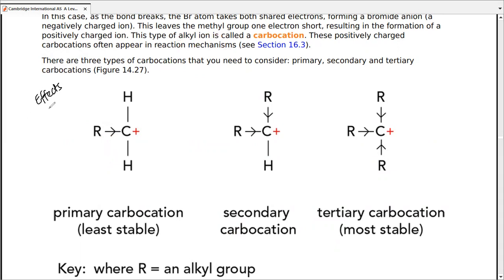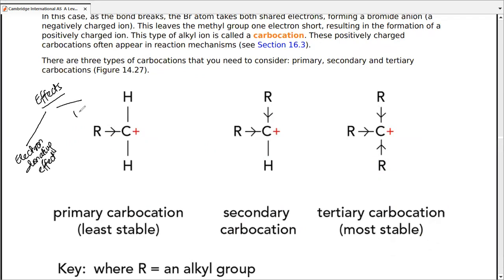Effects have more names, but I'm going to discuss the generals, the basics, and then we are going to bifurcate it with proper names. So first of all, the electron donating effect. It's usually not named as this effect, but I am trying to explain the background of it, the basic chemistry.